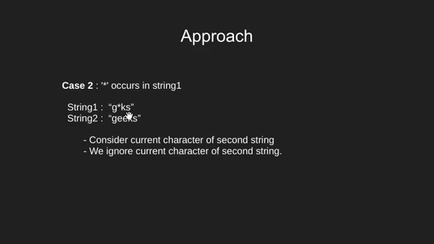Now for this asterisk, we ignore this k and move ahead in our first string. Now we can compare the k of the first and second string. So these are basically the branches of our recursion tree, where we cover both of these cases and see if any of them return a result, and yes, it does for this example.